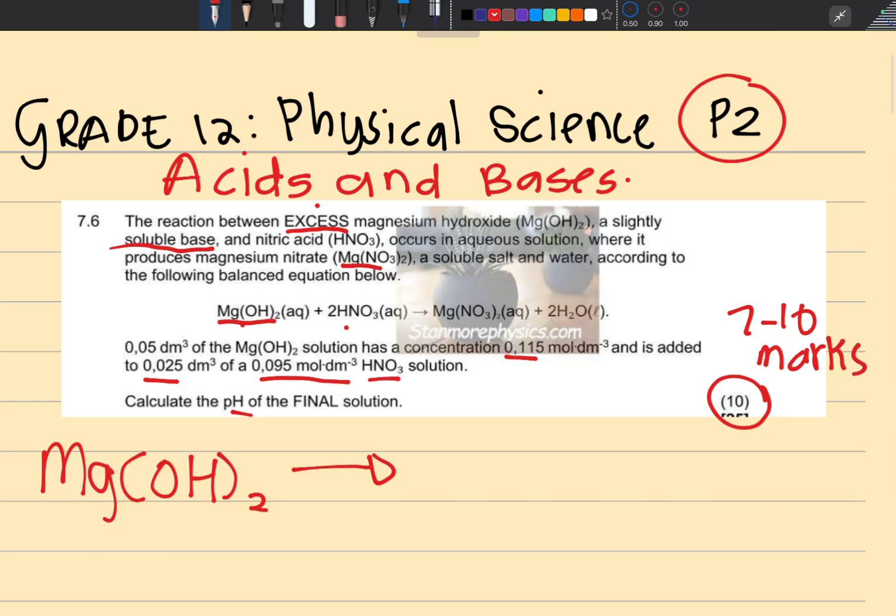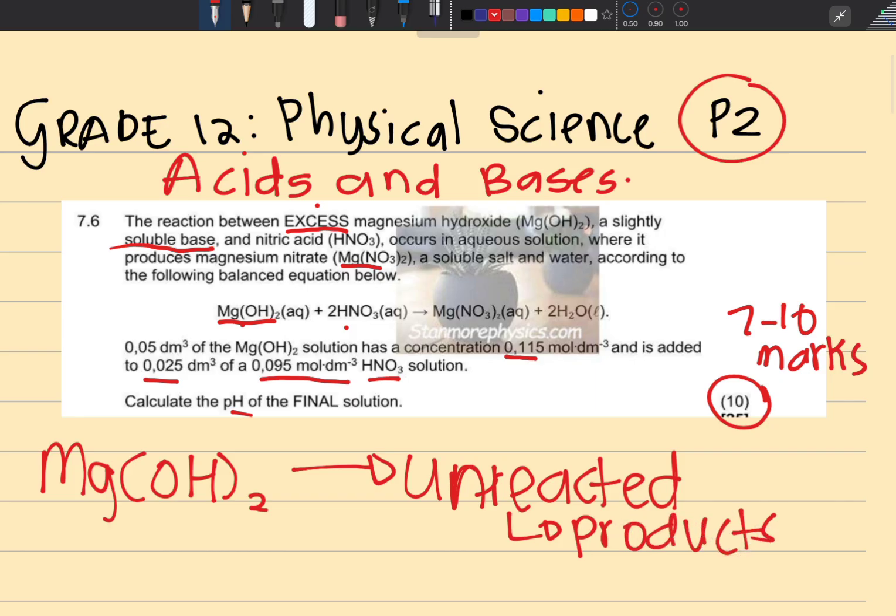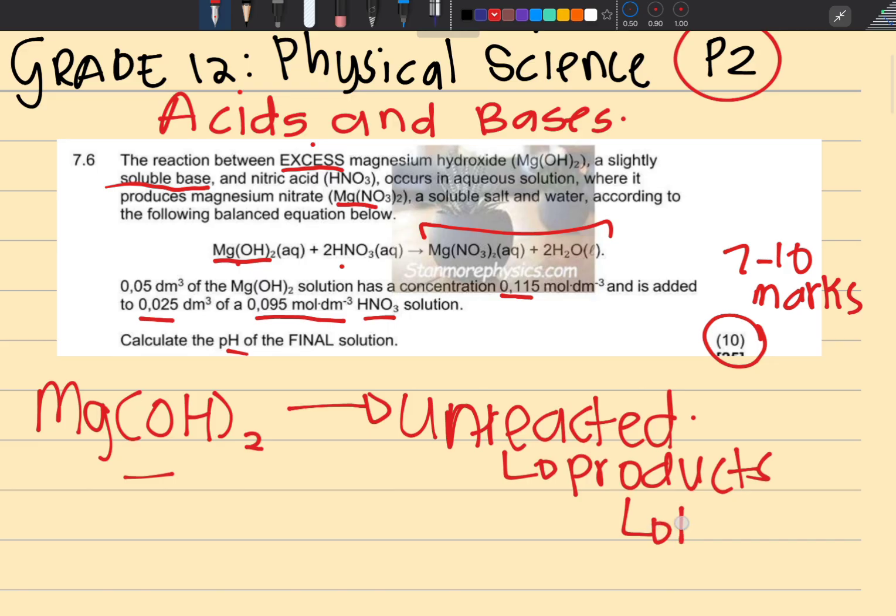So when we want to tell the pH, we already have an expectation: if we will still have some of this unreacted magnesium hydroxide in the products, the solution should be basic when the reaction is done.